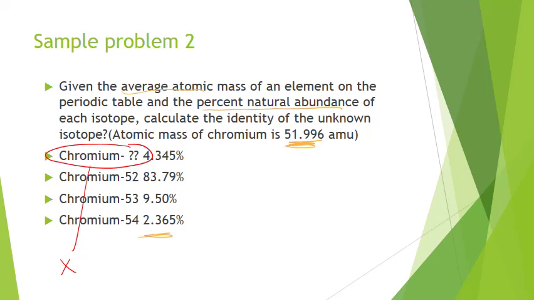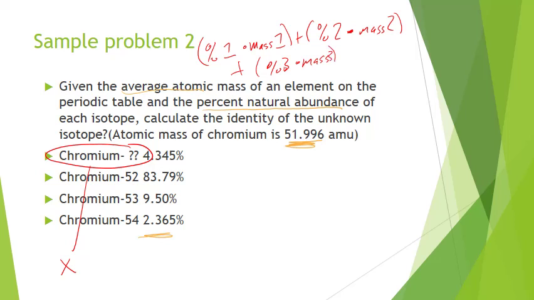We already know that it's the percentage of isotope 1 times the mass of isotope 1 plus the percentage of isotope 2 times the mass of isotope 2 plus the percentage of isotope 3 times the mass of isotope 3, dot, dot, dot, and in this case we'll just keep going, so plus the percentage of isotope 4 times the mass of isotope 4.